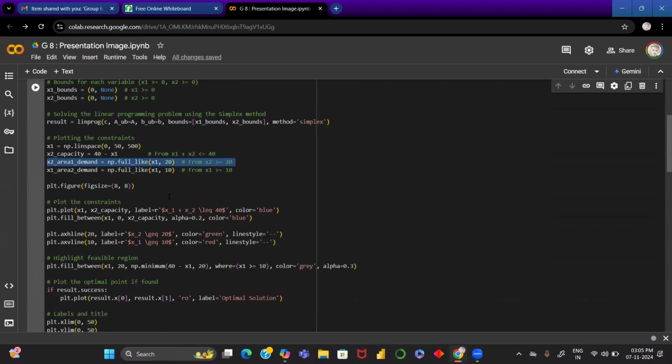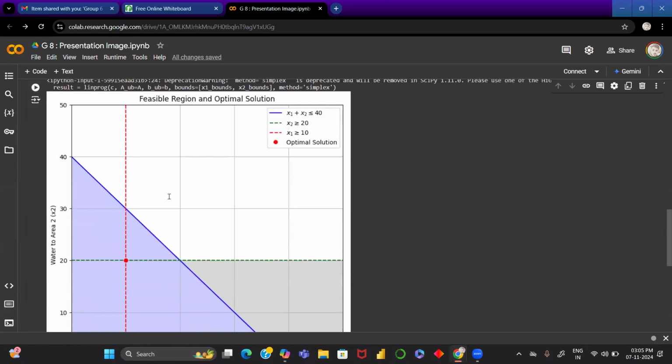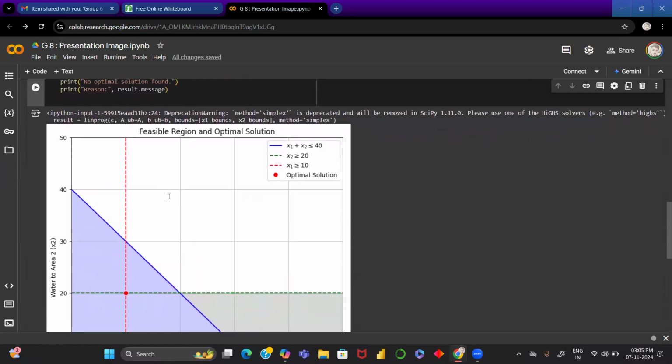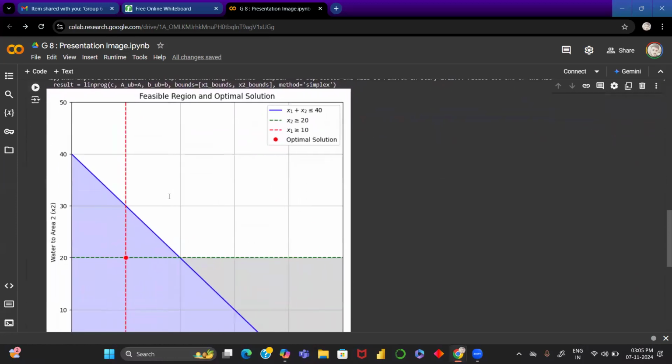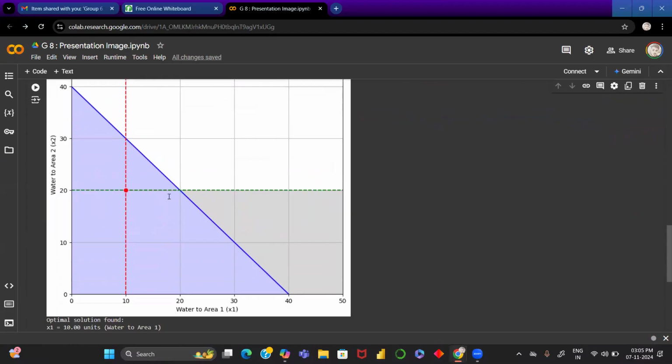Then we shade the region x greater than or equal to 10.